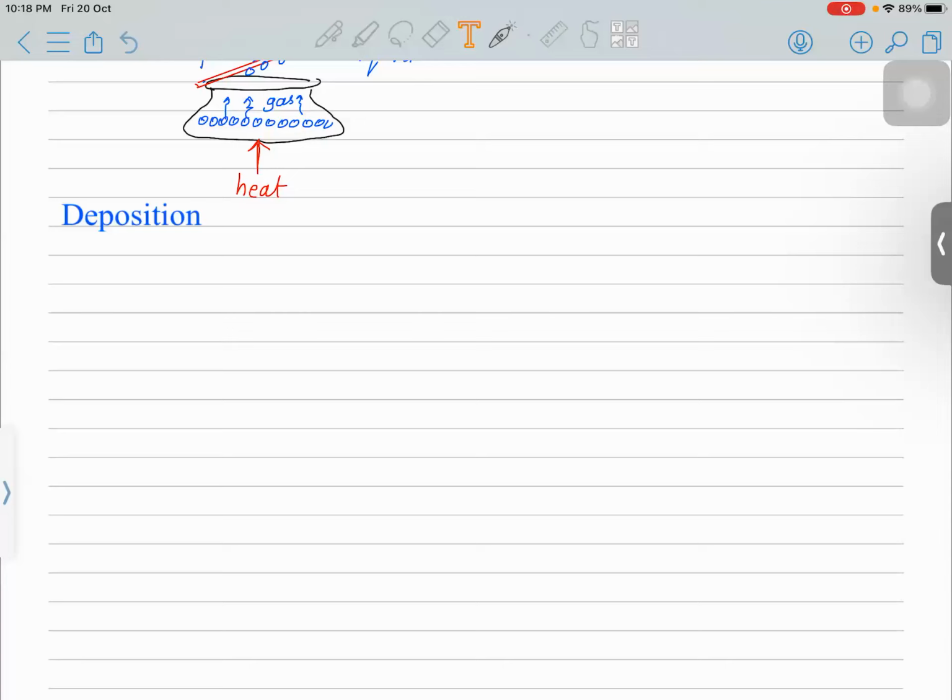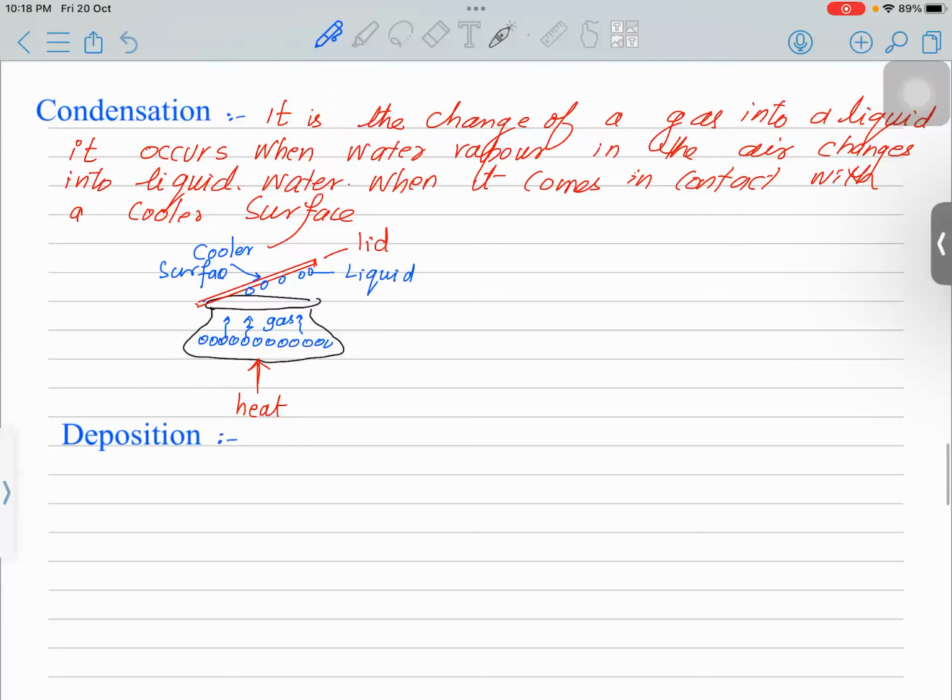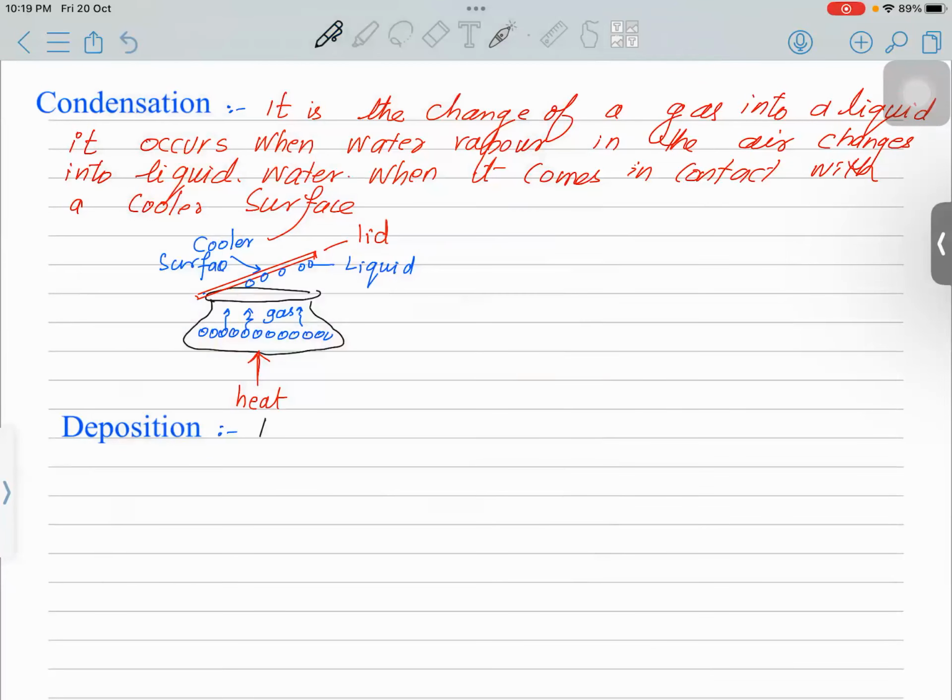Very good. So deposition is the change of state. It is the change of a solid or gas? Sir, from gas to solid. Into a solid.